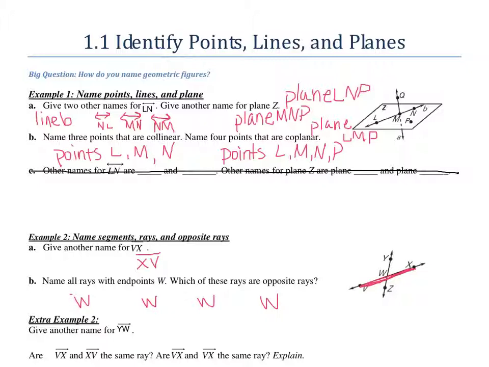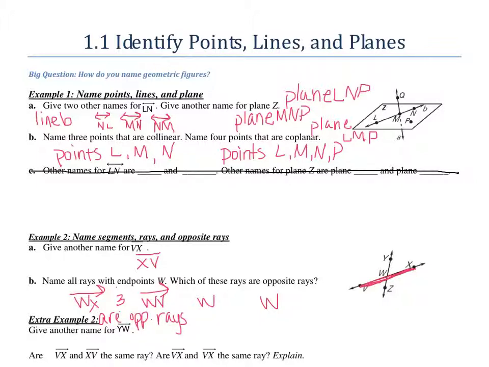So ray WX, and then that ray starts here and goes this way. Its opposite ray would be ray WV. So, WX and WV, those two are opposite rays.